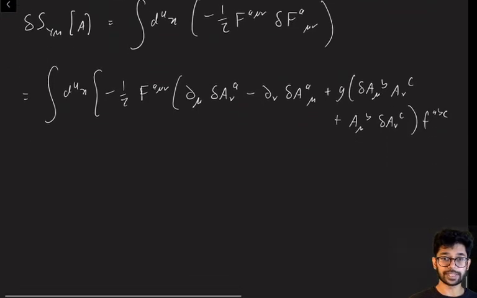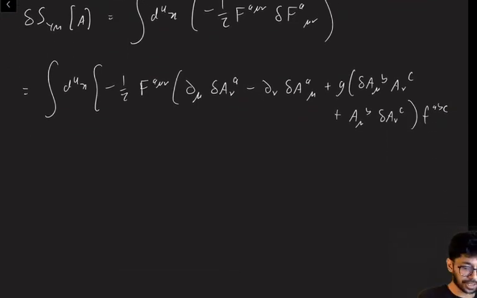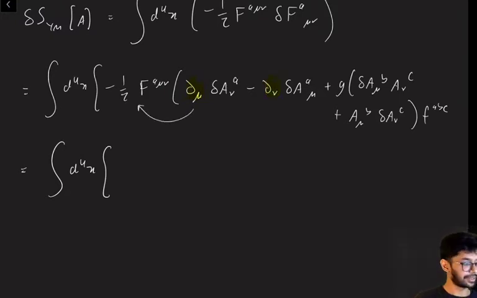Now, if I take this and combine some terms together, I can write this as the integral d^4x. I now integrate by parts on these derivatives, and that has them acting on this guy instead. Because there are two of them, I get another factor of 2 with a minus sign.